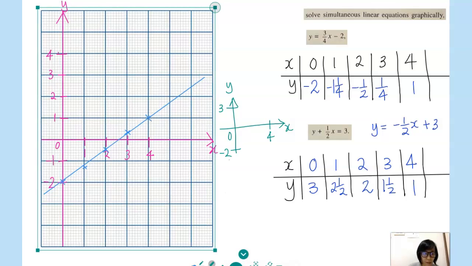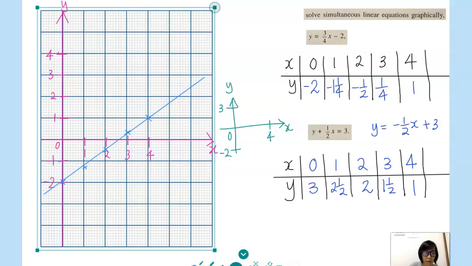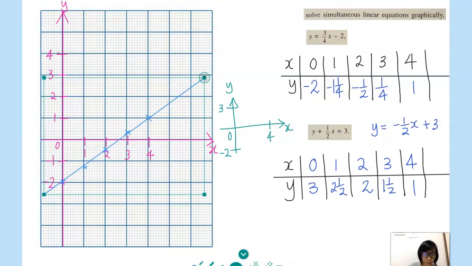Let's see how we can do that. Okay. It's starting to work a little bit better. But that point looks a little bit out. Let's try to fit it in. All right.